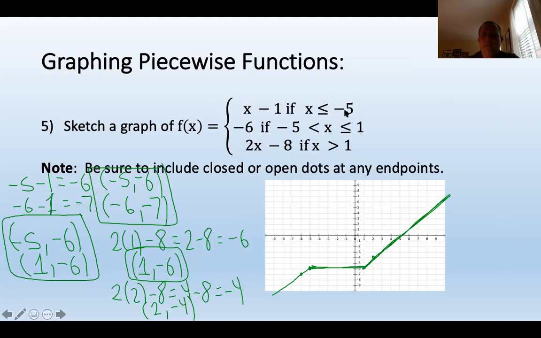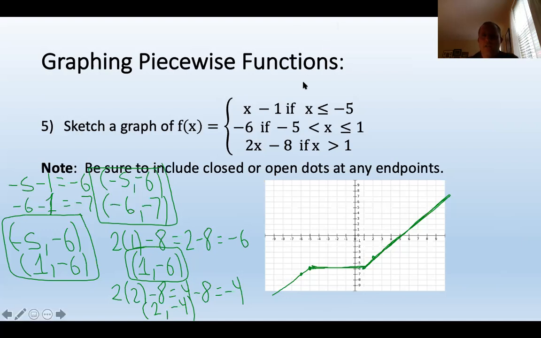Now, -5 can represent one of your x values because it's an endpoint of the interval for that particular x. Substitute it in for x, so you'd have -5 minus 1, you get -6. So -5, -6 is a point on your graph. The next number just needs to be any number less than -5.